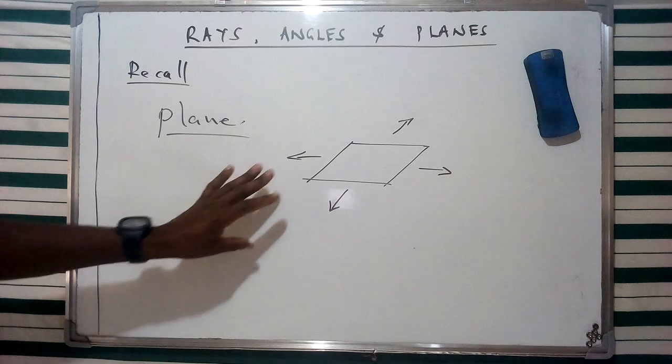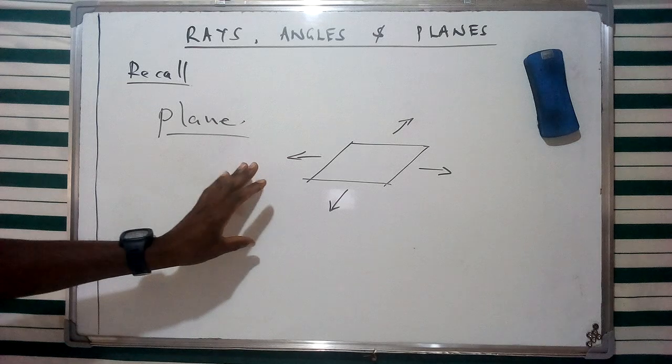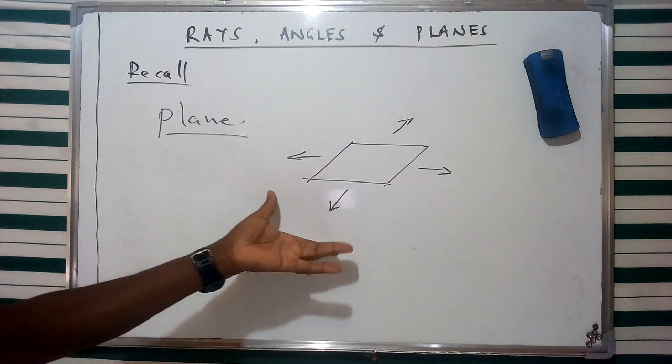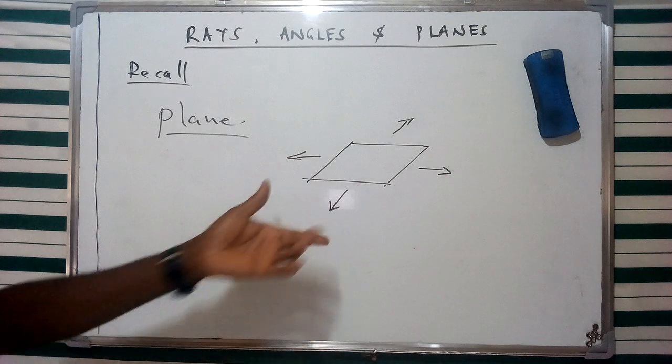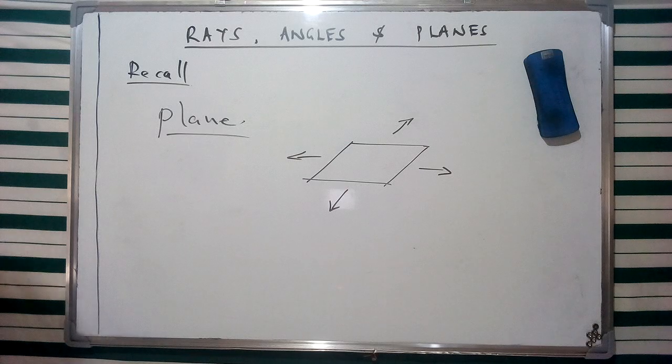So this constitutes a flat region that extends infinitely in four directions. We use this notation whenever we use a drawing or some sets of geometry in the Cartesian coordinate system.